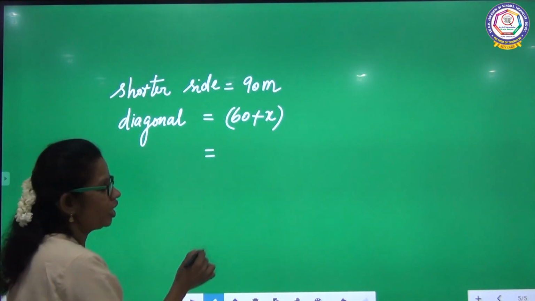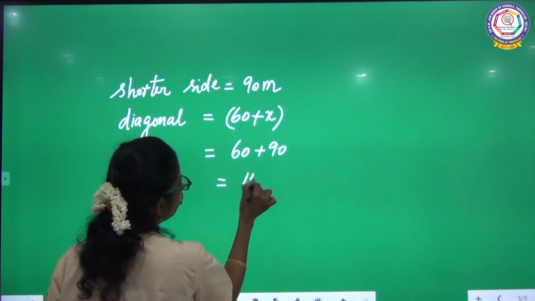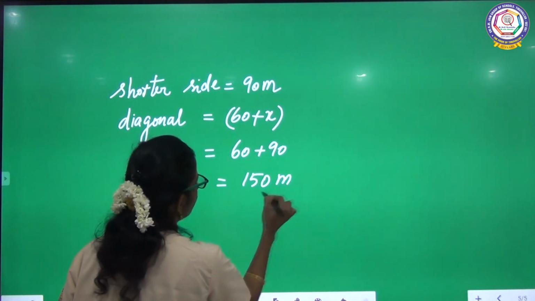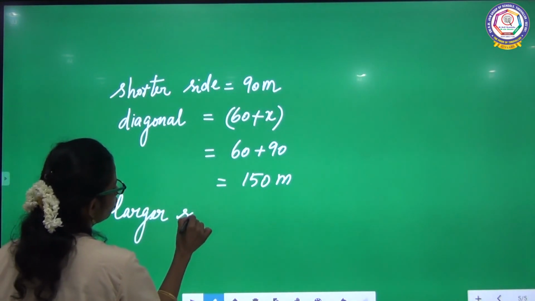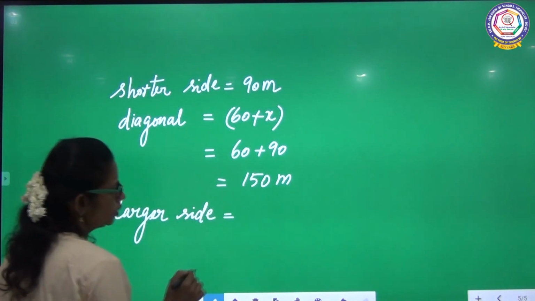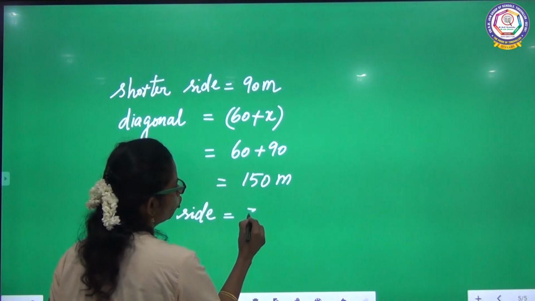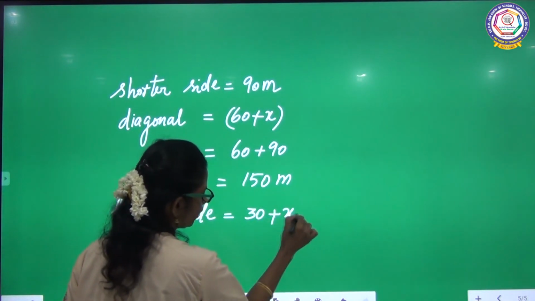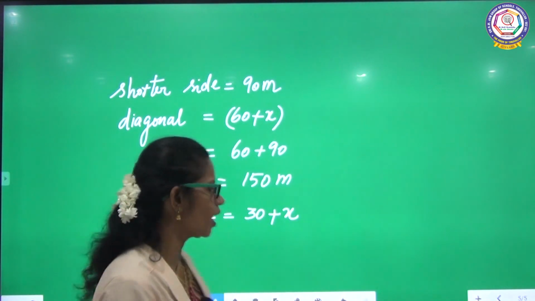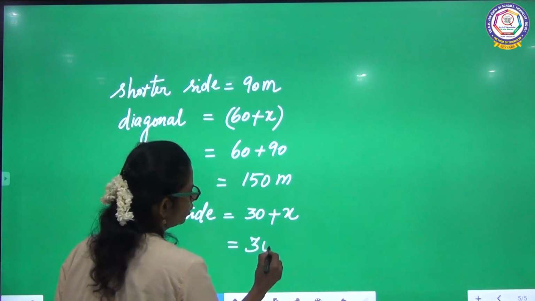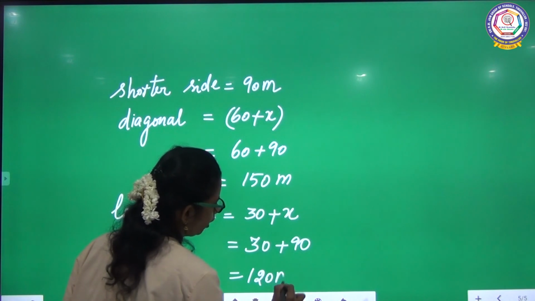Here your x is 90, so 60 plus 90 equal to 150 meter. Larger side equal to what they said? 30 meter more than the shorter side, 30 plus x, which is 30 plus 90, equal to 120 meter.